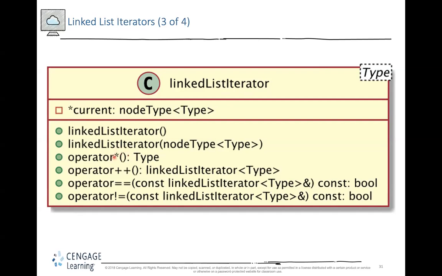The dereferencing operator to retrieve the current value of the node, which is the info field of the node. And then the increment operator that will return the next node, if there is one. If there's nothing, there is no pointer. And then the equality comparison operator to compare if two iterators are the same or not equal.